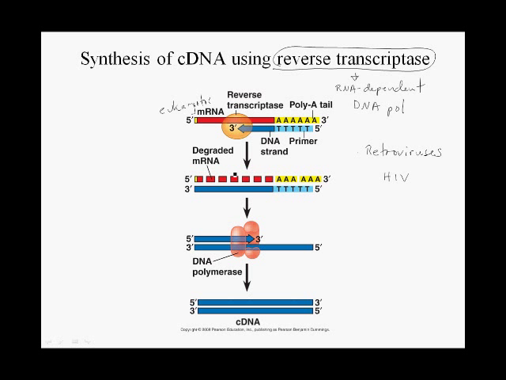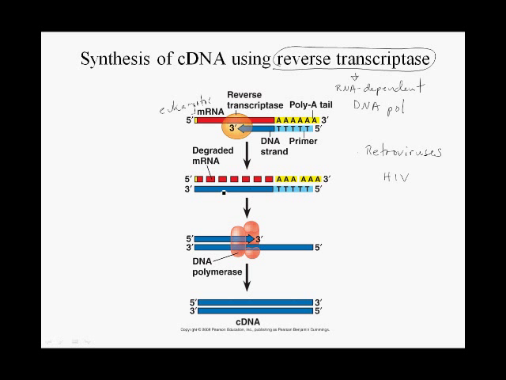Retroviral reverse transcriptases, once they have finished synthesizing the complementary DNA strand, also have an RNase activity where any RNA found in an RNA-DNA duplex is degraded. So reverse transcriptase will then degrade the RNA that has been partnered with the complementary DNA molecule.